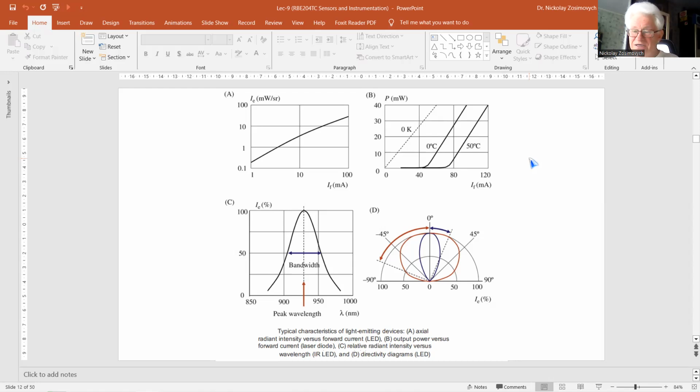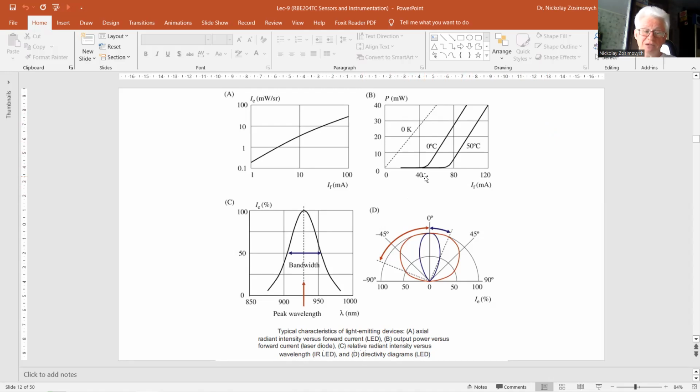A laser diode, in figure B, starts to laser from a specified forward current, typically between 50 and 100 milliamperes. And here, too, the intensity drops with increasing temperature, mainly because of the decreasing quantum efficiency at higher temperature.